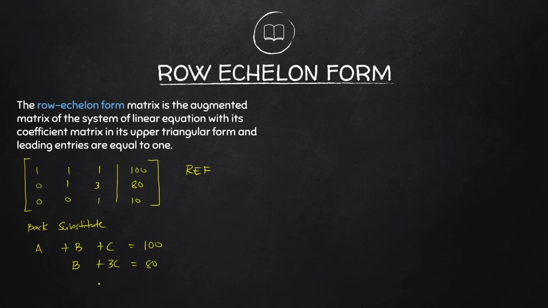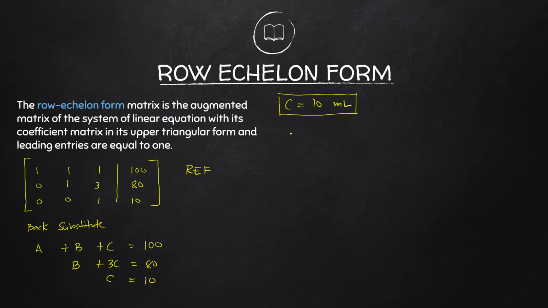And we have the last one, positive C equal to 10. So from here, we already have the value of C. C is equal to 10 ml. Doing the process of back substitution, we can obtain the values of B and A.